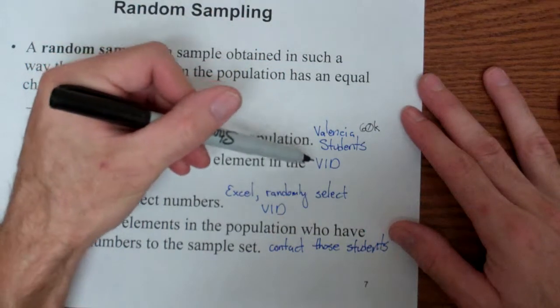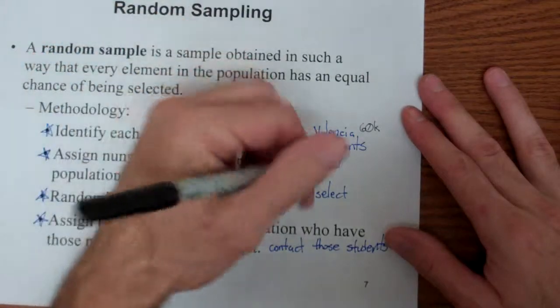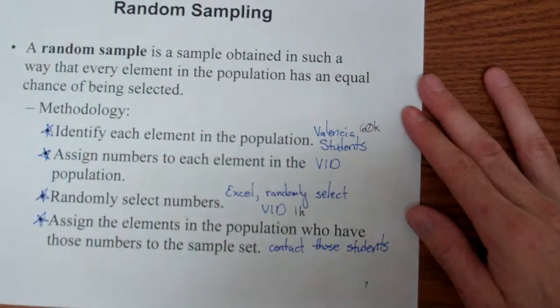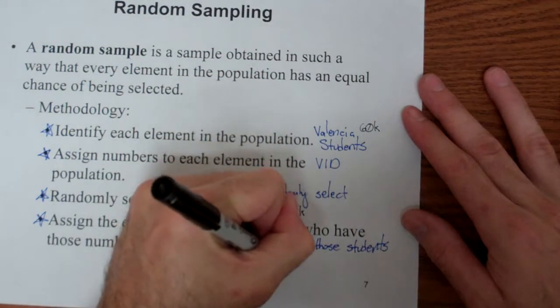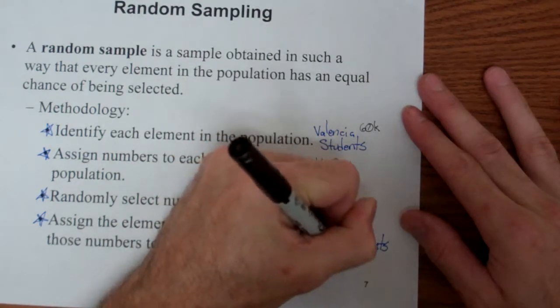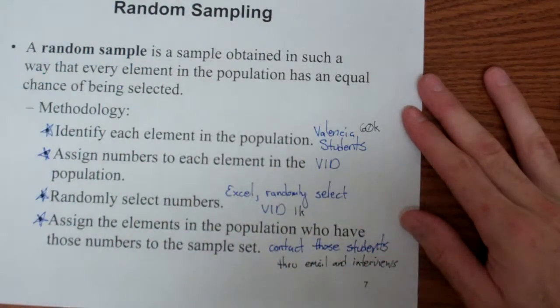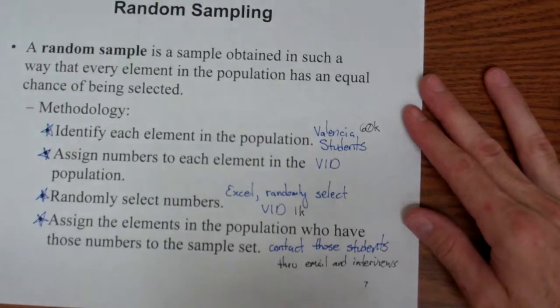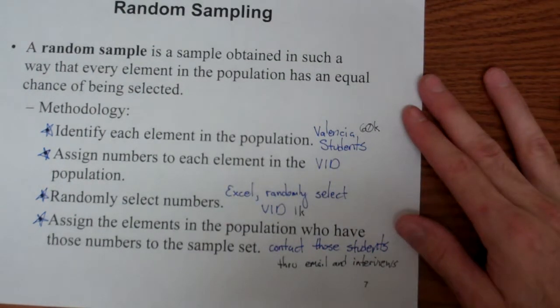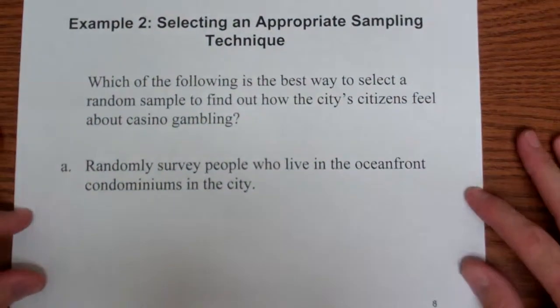But what we could do is use their VIDs to randomly select a small group, maybe about 1,000 of them, and contact these students through email and interviews. And that would give us a way to understand what it is that we want to learn about. 60,000 is just huge.